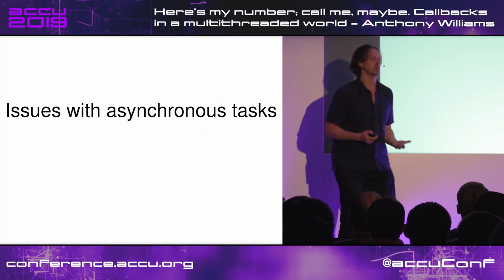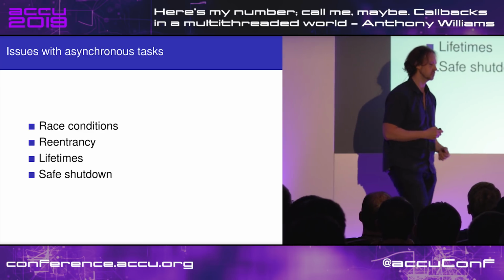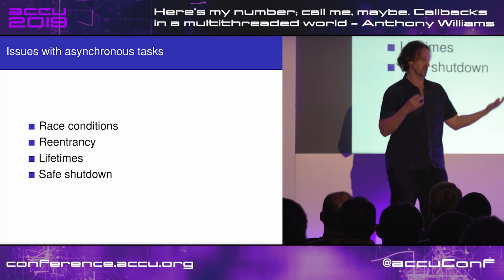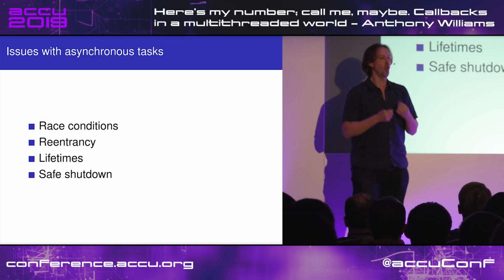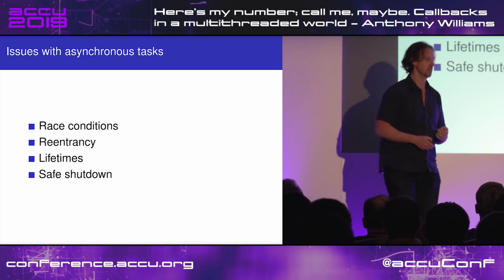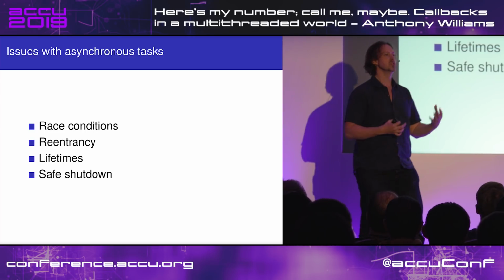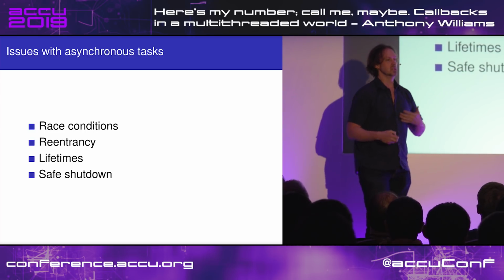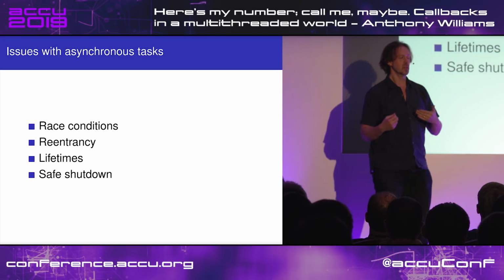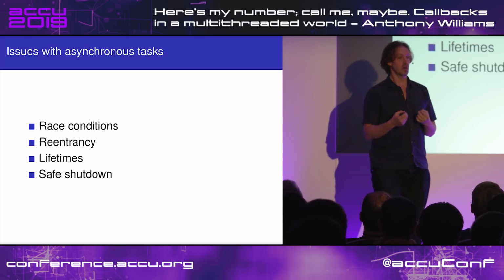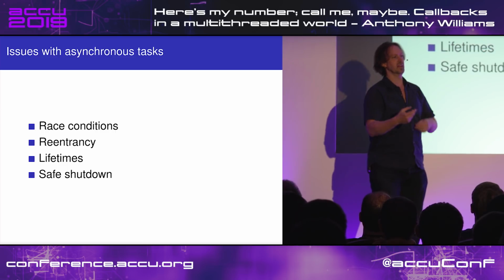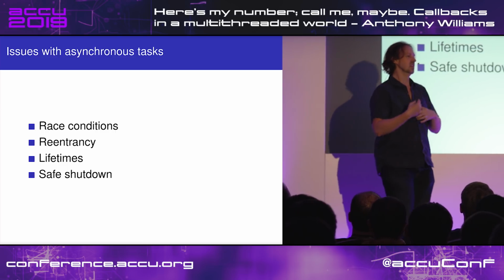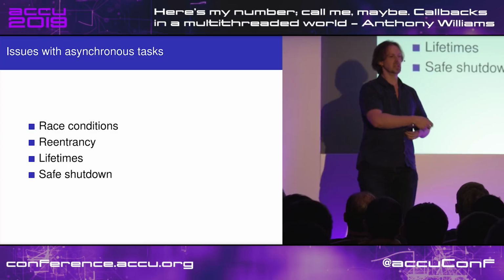So what sort of issues do we get with asynchronous tasks? There's a few, obviously. It's multi-threaded code. First one is going to be race conditions. There's always race conditions in multi-threaded code. There's also potential issues around reentrancy, because your callbacks might want to access the object which triggered the callback, and there are issues around that.